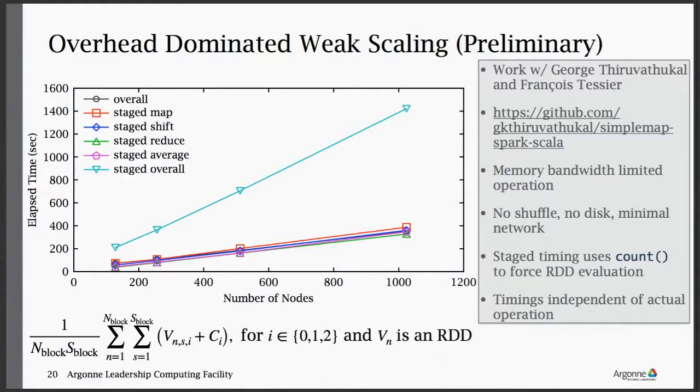This is Scala code on GitHub. What it is trying to do is basically have a huge vector or array, which is an RDD. We try to add a constant number and then do an average. So you have an RDD, add a constant number to it, get a new RDD, and the new RDD will get the reduce.